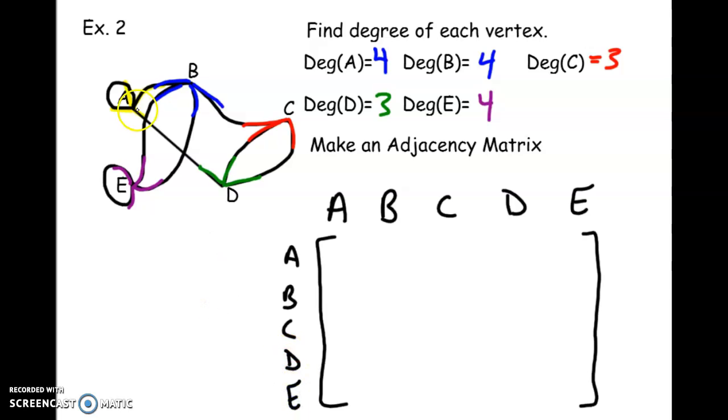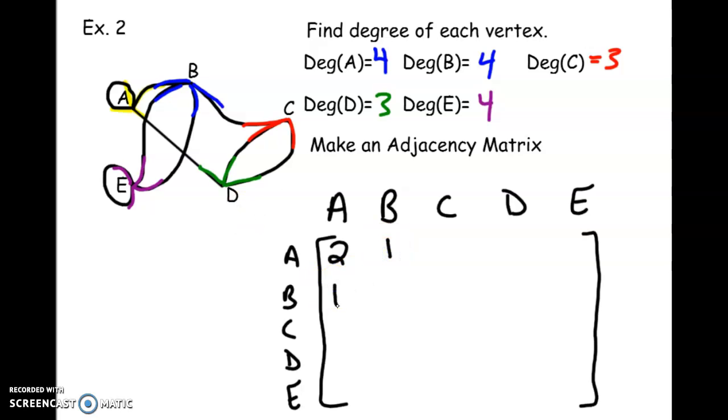Now again, if you have that loop, does A connect to A? So we have to count that as 2. A connects to A twice because it has the starting spot over here and then another starting spot over here. Okay, so now does A connect to B? Yep, 1 time A connected to B. So that means B connected to A.